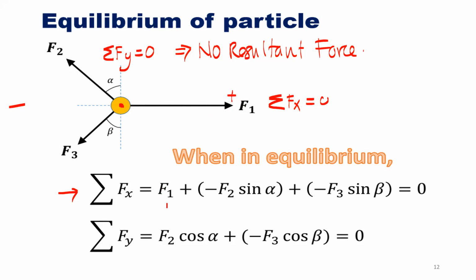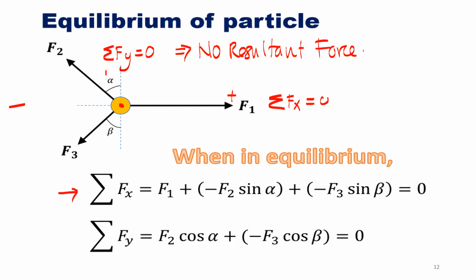So I'll put F1 plus my F2 is acting at an angle of alpha from the vertical. So if I resolve the F2 to horizontal, then it will be acting in the direction to the left. So left, I take negative. So it will be negative F2.